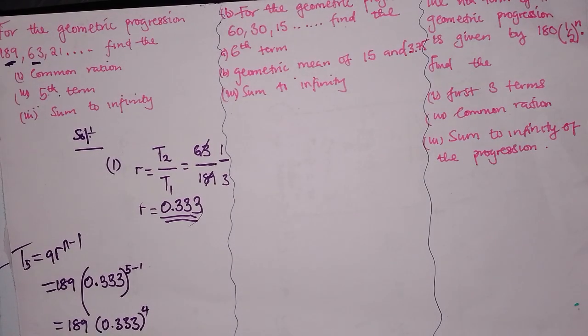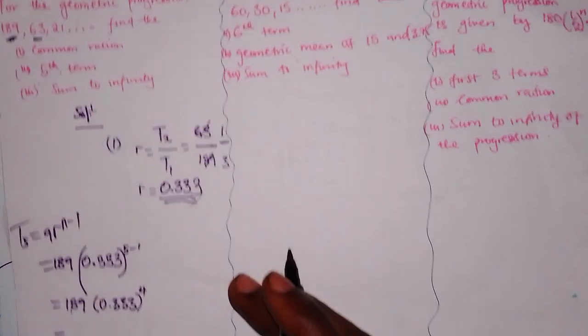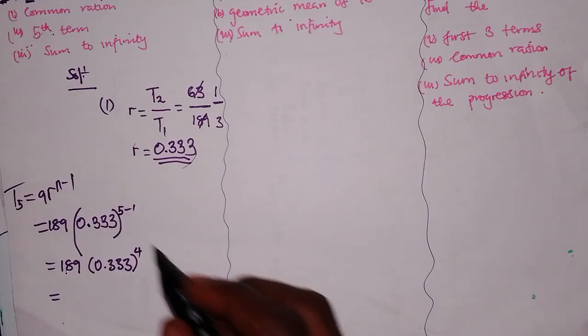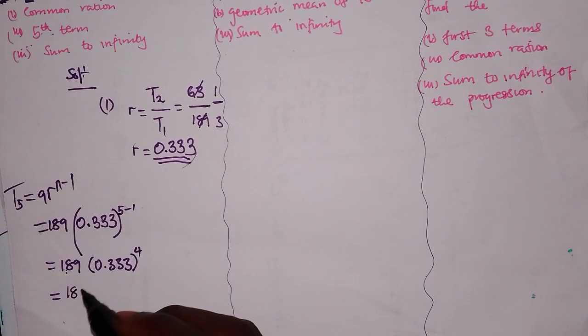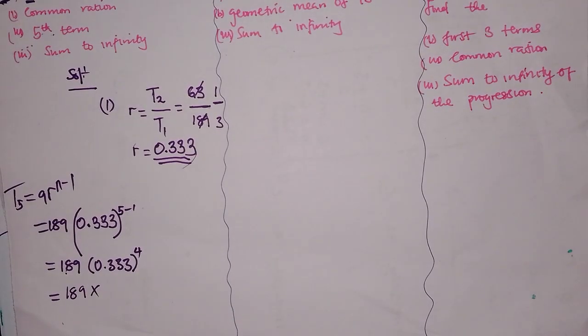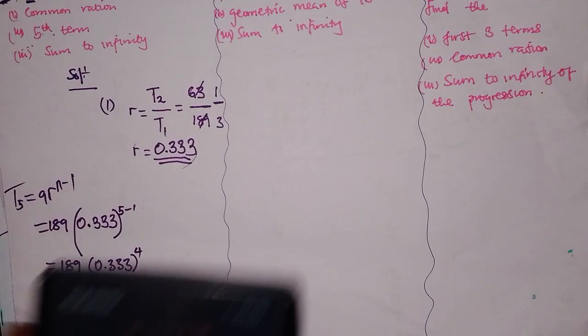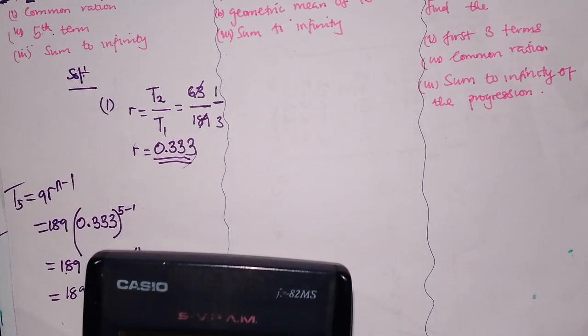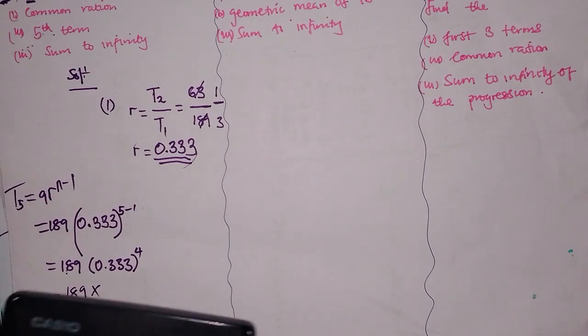Then you can punch it on your calculator. Remember, don't multiply 189 with this first. First, you need to find this. So you say 189 times 0.333 to the power 4.